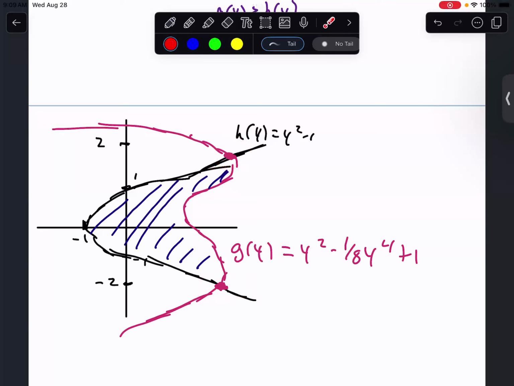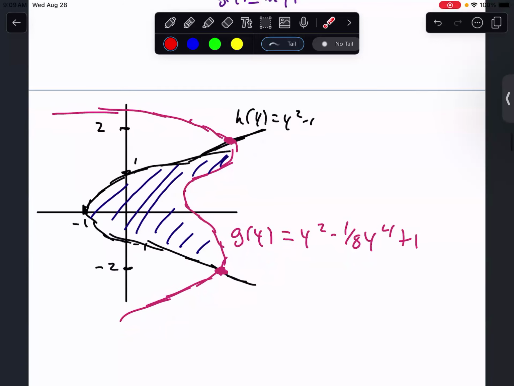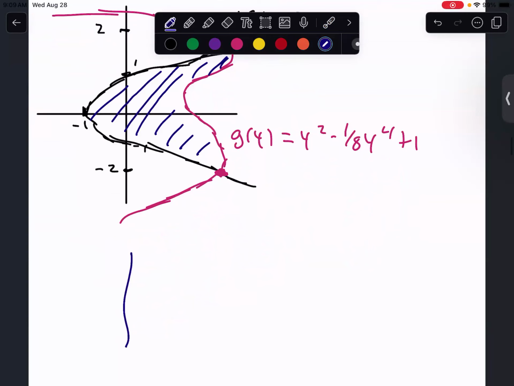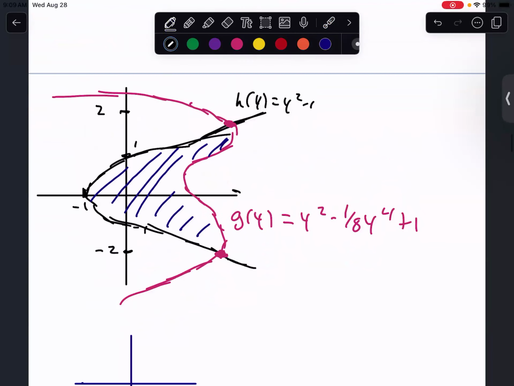I'm not going to ask you to draw a lot of graphs in this class in terms of y instead of in terms of x, but an easy way to determine how we know that the graph of y squared minus 1 ends up looking like this: you can start off on just these 2 axes. So this is the x-axis, this is the y-axis.